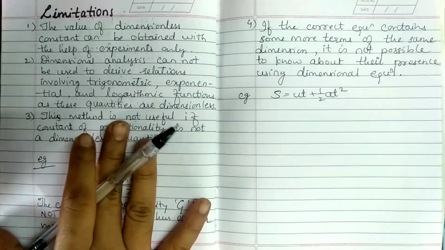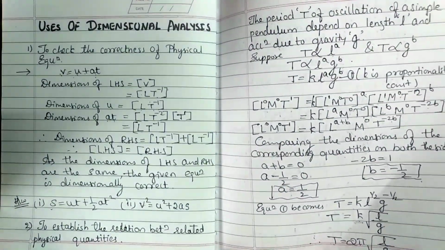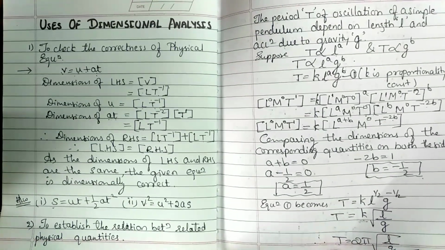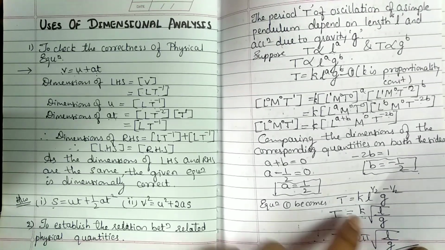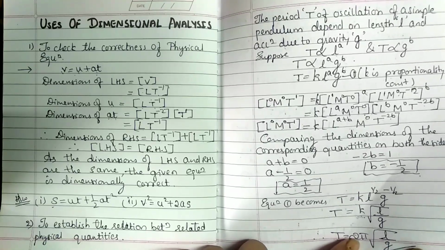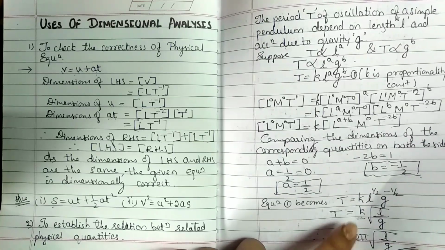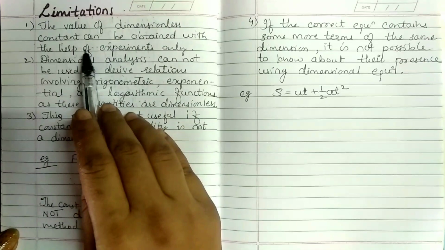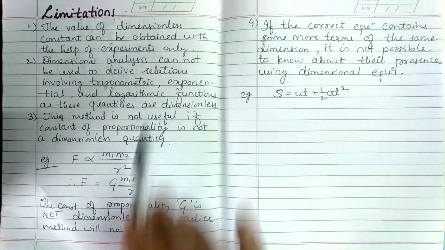For example, in the previous example I taught you, one of the uses of dimensional analysis, T equals 2 pi under root L by g. The value of k, which is 2 pi, can be obtained by experiment only. We can't use dimensional analysis to find the value of any constant.